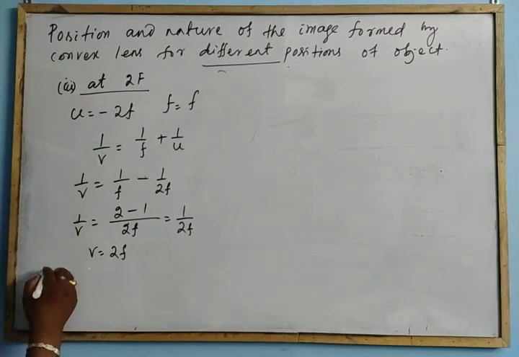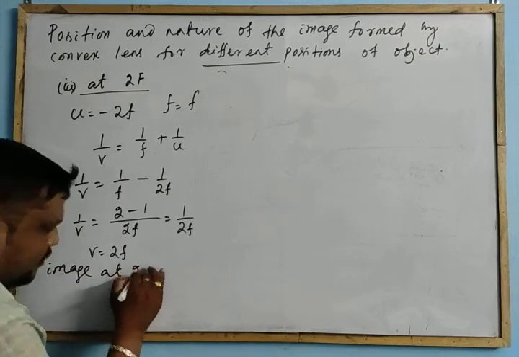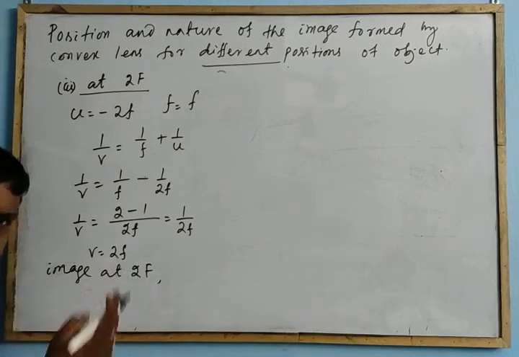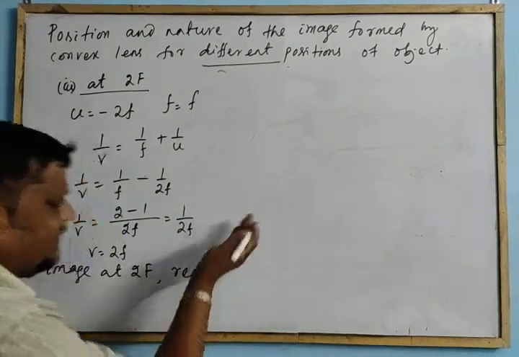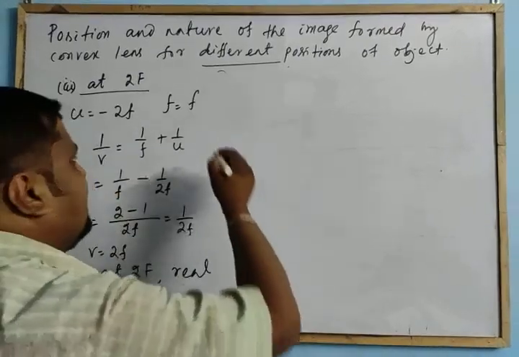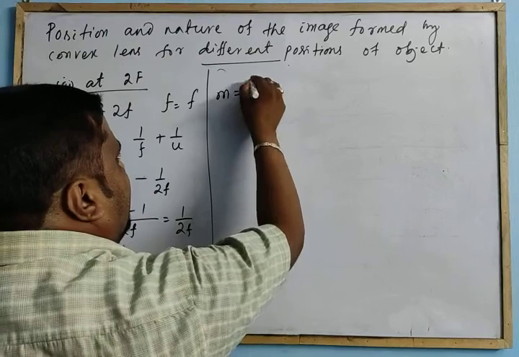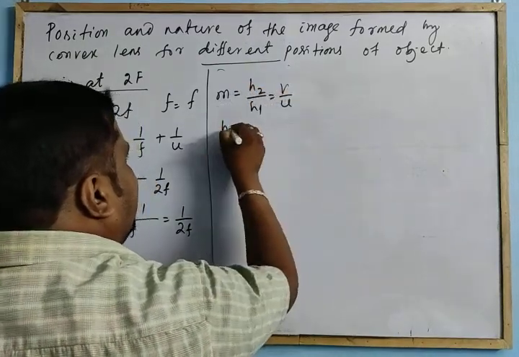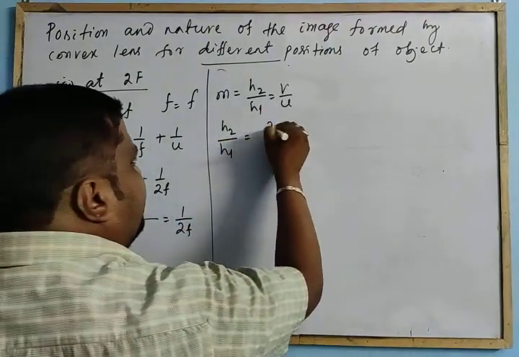So we can say the image is at 2f, 2 times the focus, and also real. One is on one side, the other is on the other side. M is equal to h2 by h1, which is equal to v by u. So h2 by h1 is equal to v is what? 2f.